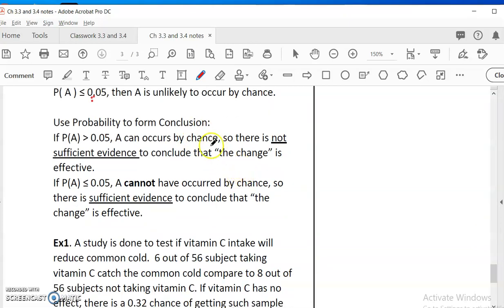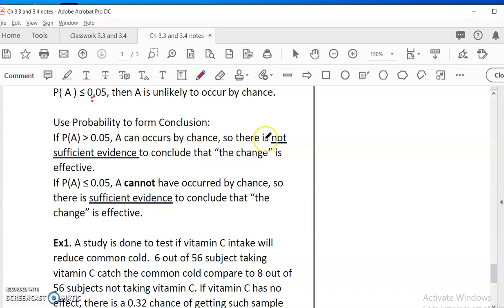Now, how do I use this rare event rule to make some conclusion? The logic is, if I see an event that has happened, but I calculate the probability of A is greater than 0.05, A can just happen by chance. I'm just observing something that can normally happen.